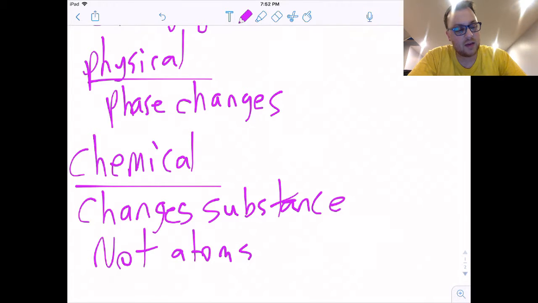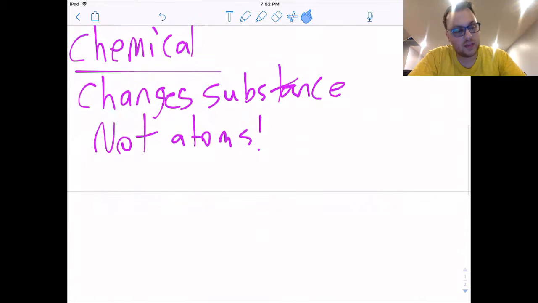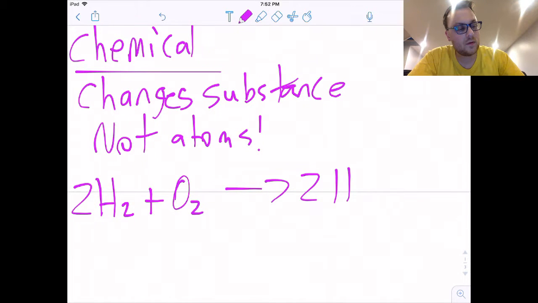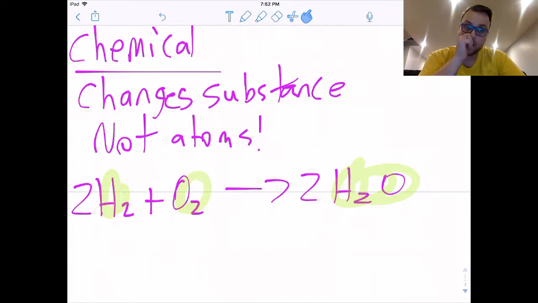So what does that mean? That's like taking a hydrogen atom and an oxygen atom and making water. The atoms stay the same. We have H's, we have O's. But we have taken those atoms and changed them into a new substance.